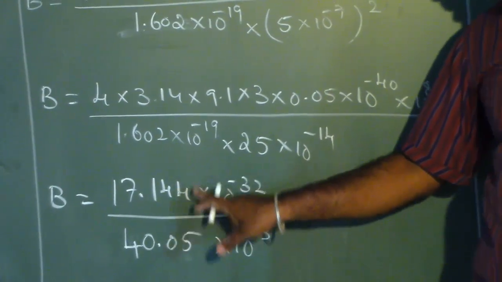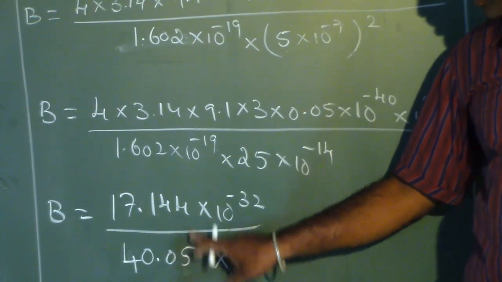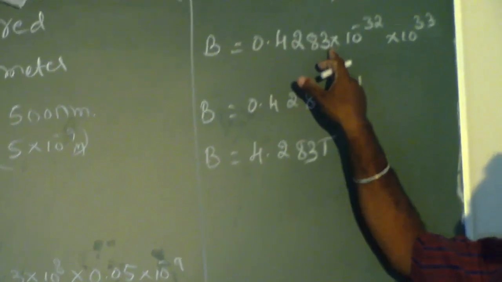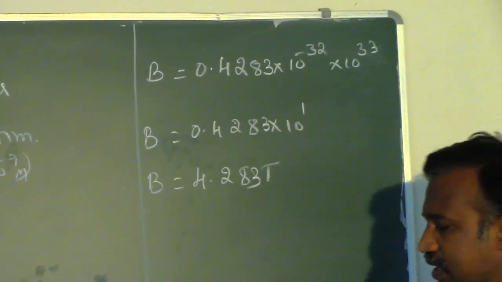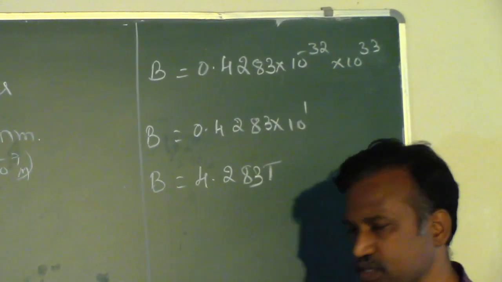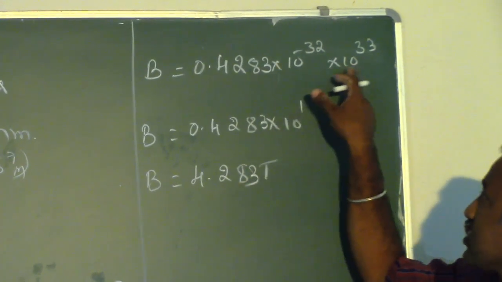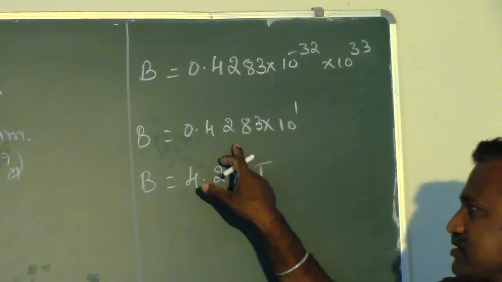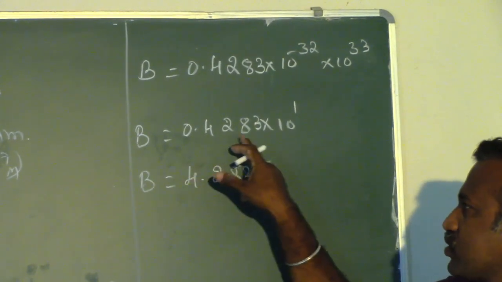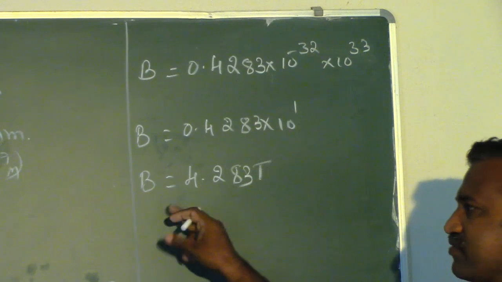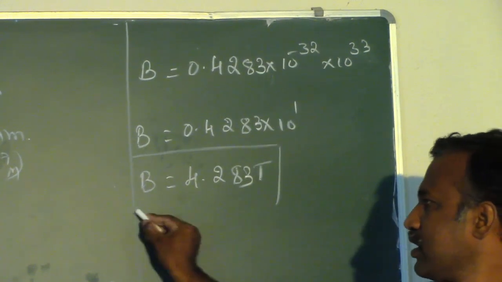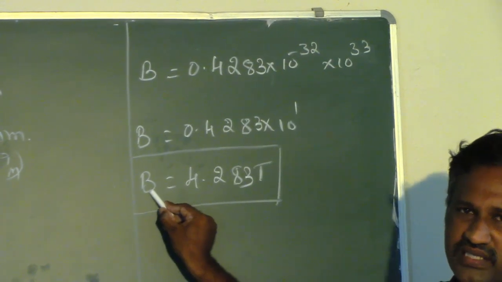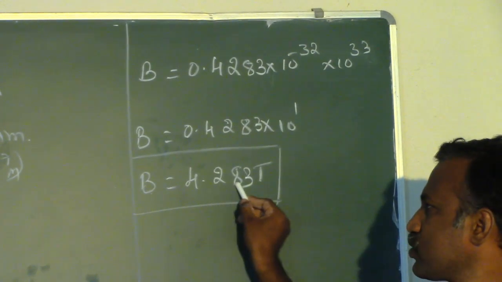Now if I divide these two terms, the answer will be 0.4283 into 10 to the power of minus 32, and in the denominator 10 to the power of minus 33. Taking it to the numerator, it will be 10 to the power of plus 33, and after further simplification B is equal to 0.428 into 10 to the power of plus 1. The final answer for this problem is that the magnetic field strength, or magnetic flux density, required is 4.283 Tesla.